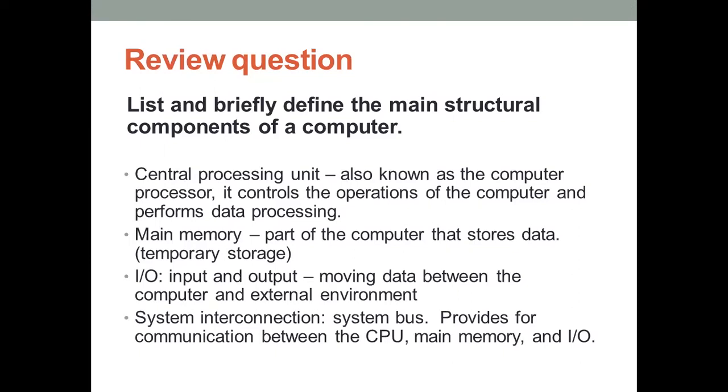I/O, or input and output, moves data between the computer and the external environment. In this I/O, you know about the flash disk or external hard disk. All of them are part of the input and output peripherals. And the system interconnection: the system bus provides communication between the CPU, main memory, and I/O.